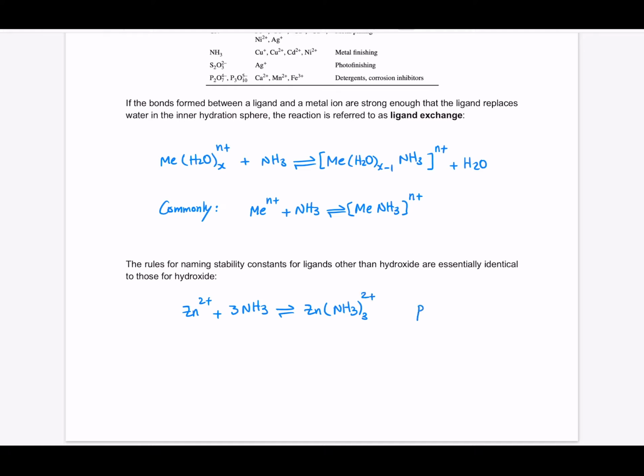This would be beta 3, the same beta 3. So we look for beta 3 in the table. Or if we have something like zinc with 2 ammonia, and add one more ammonia, then this would be the same K kind of designation.